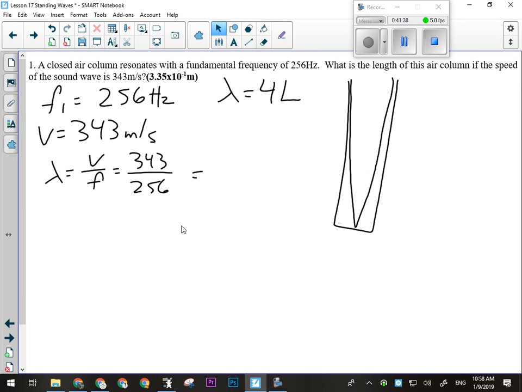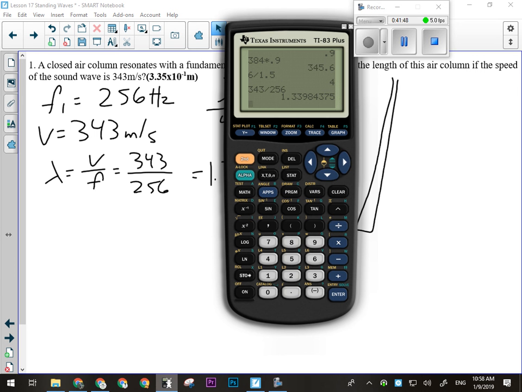So 1.34 meters. Now that I know that, I can divide that by 4, because if I manipulate this for L, it means divide both sides by 4. So the length of that tube is 0.335 meters.